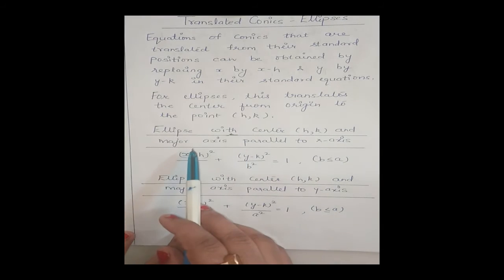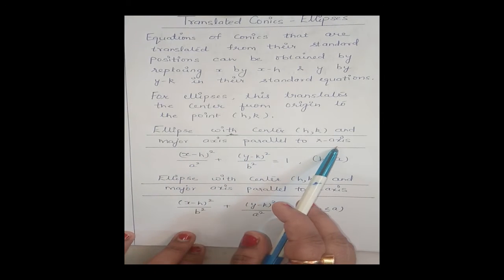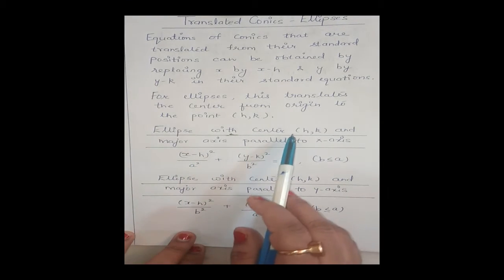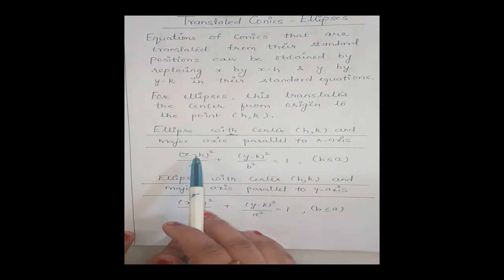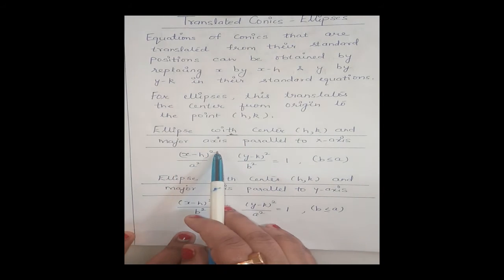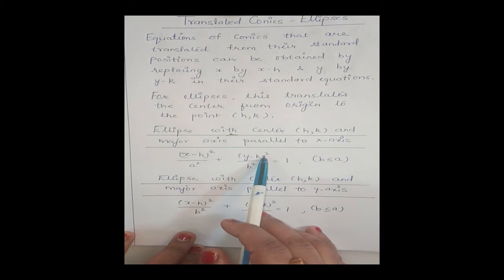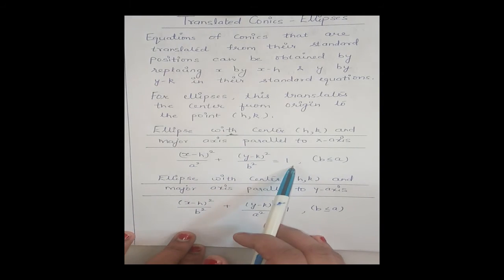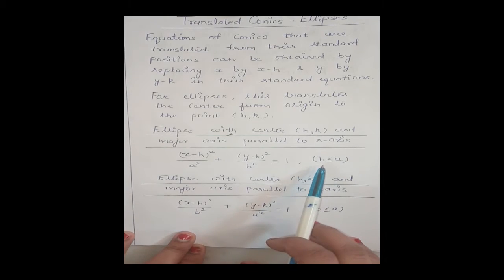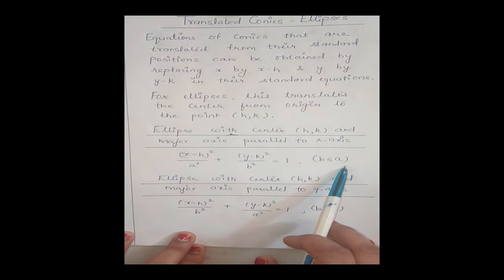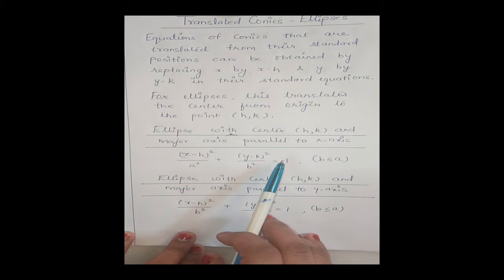First, when the major axis is parallel to x-axis, the equation of ellipse with center (h, k) is given by (x minus h) whole square divided by a square plus (y minus k) whole square divided by b square is equal to 1, and we also know b is less than or equal to a. In the case when b is equal to a, the ellipse will become a circle.